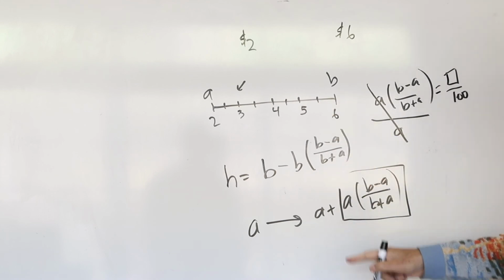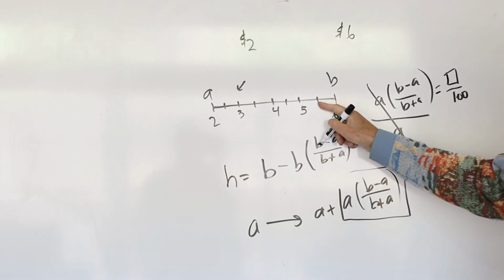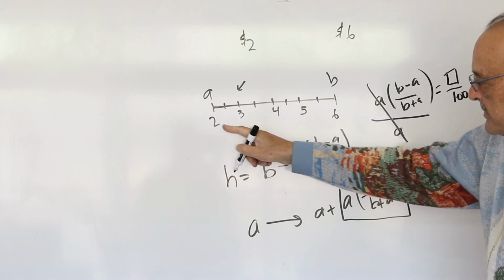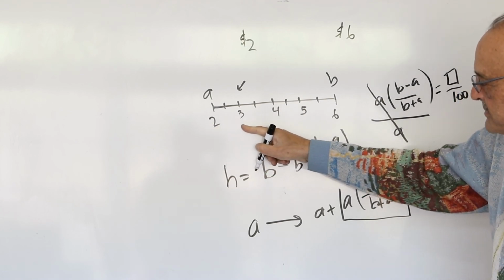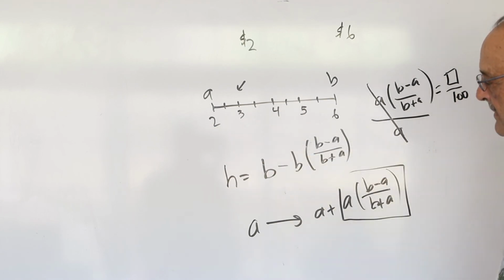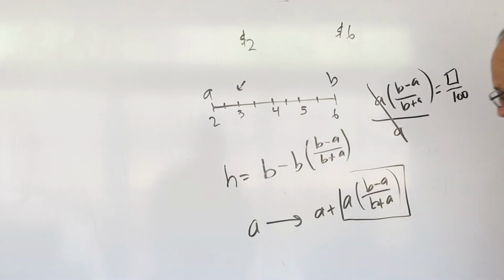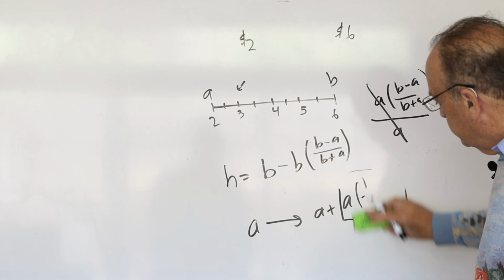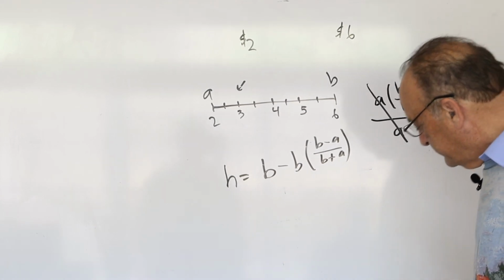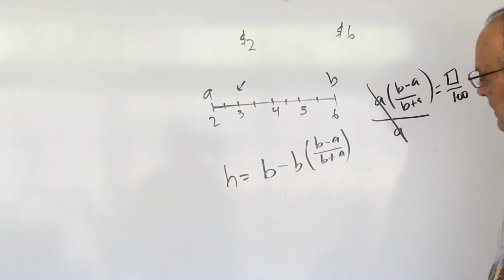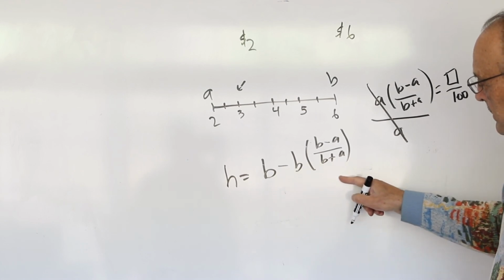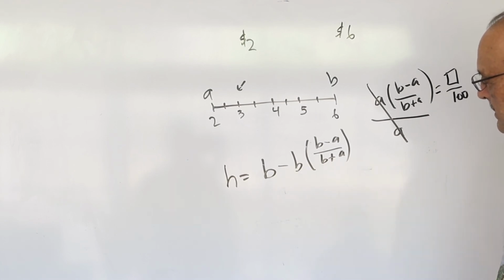So it's saying start at B and go this far, B times. So to get here, we go 2 spaces this way or 6 spaces this way to get to the harmonic mean. So when you do this, this is the new, okay?